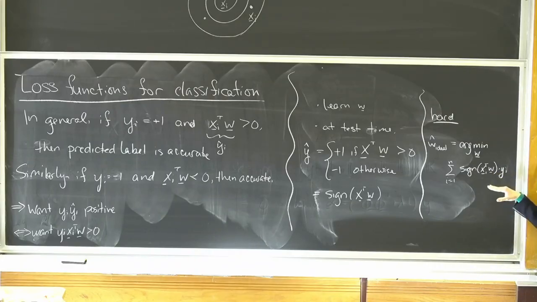If I wanted to put the sign into my loss function and then optimize over W's that are inside the sign function, that's when I have a problem.